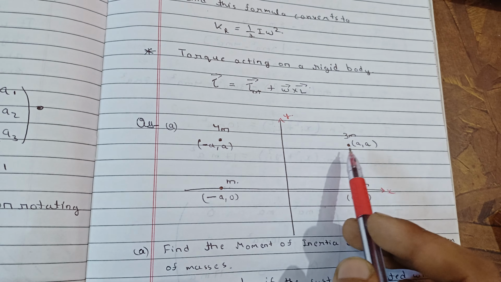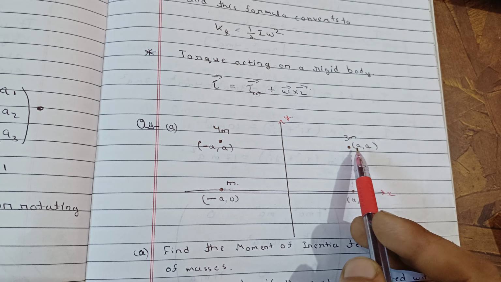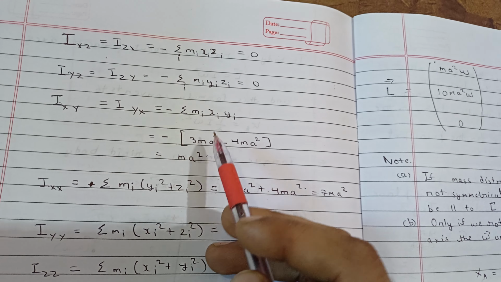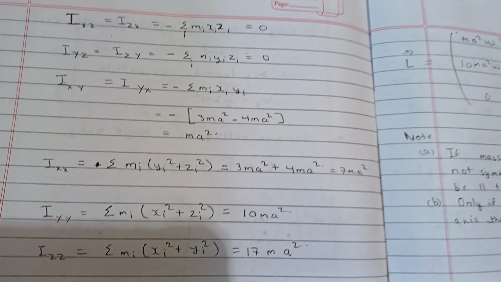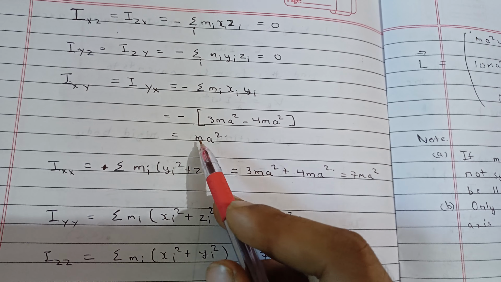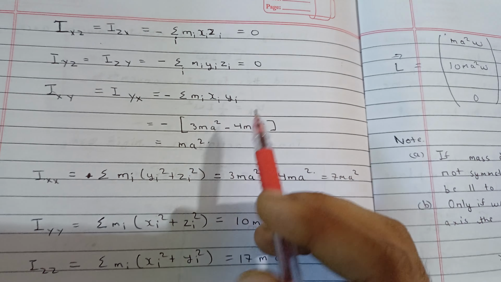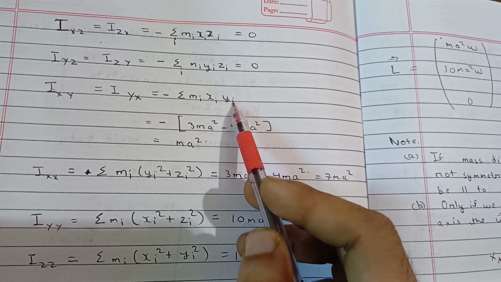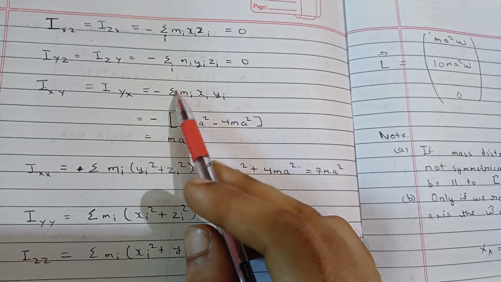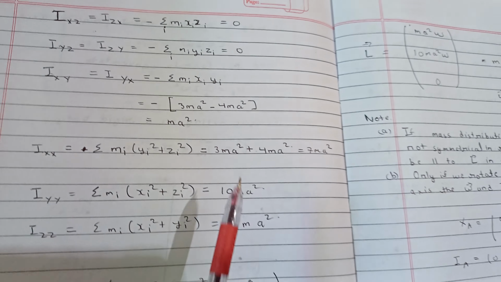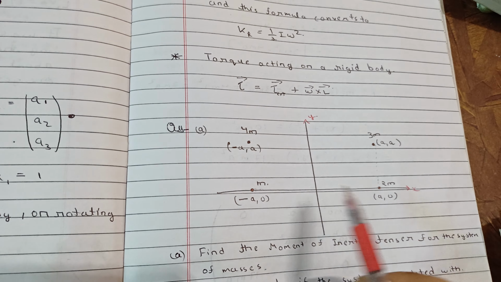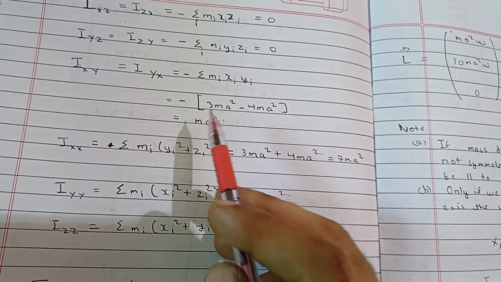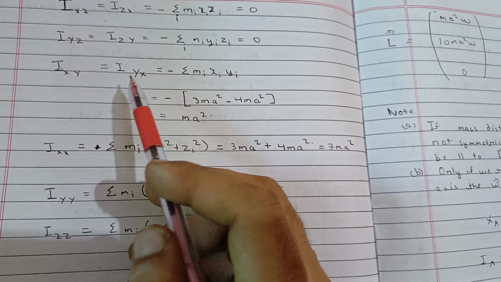So the total sum is minus 4m a square plus 3m a square, which gives minus m a square. So for all the masses, find the x and y coordinates, multiply them and take the mass, then sum them all. These two give 0 because the y component is 0. Only two masses, 3m and 4m, contribute. So this is your Ixy or Iyx.